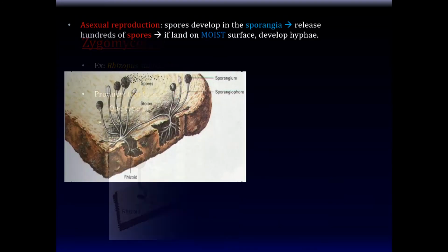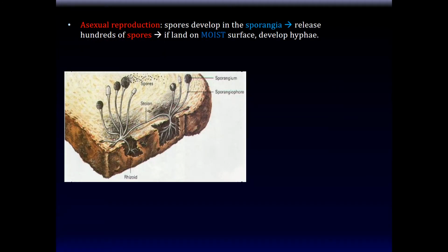Asexual reproduction, however, predominates over here, as long as there's food around. In asexual reproduction, spores develop into sporangia. Released, there are hundreds of other spores, and if they land on a moist surface and there's food around, they develop into new hyphae.